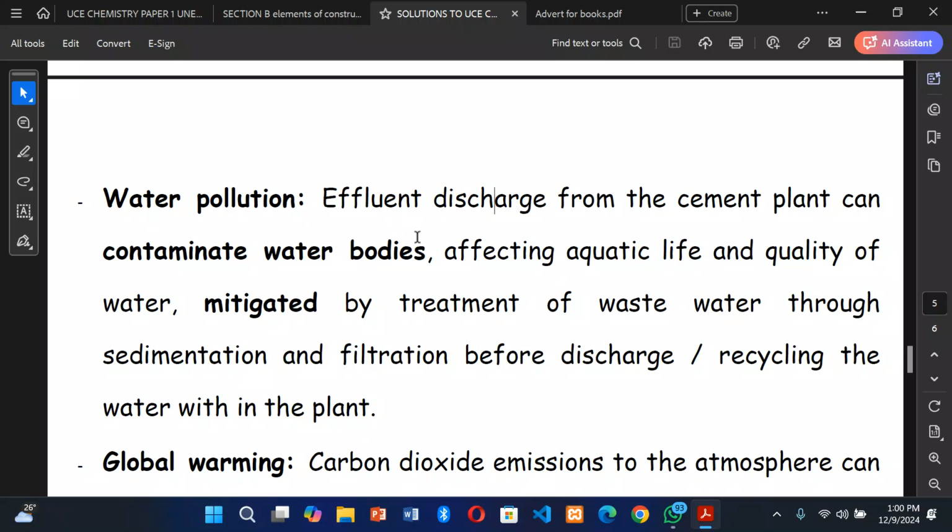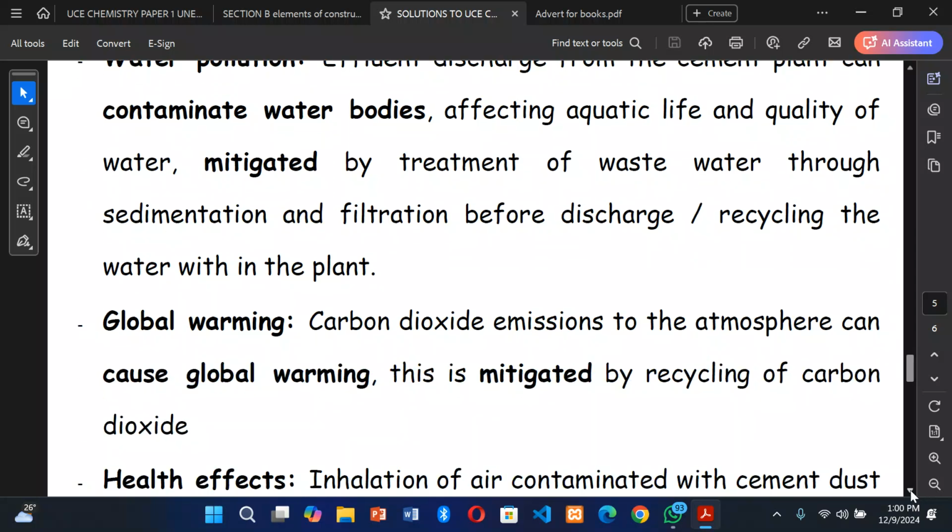But also they are going to say affecting aquatic life and the quality of water. This can be mitigated by treatment of wastewater through sedimentation and filtration before discharge. Very good. Explain the point, and you get all your 3 marks.